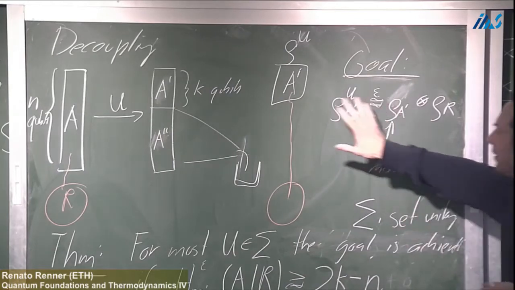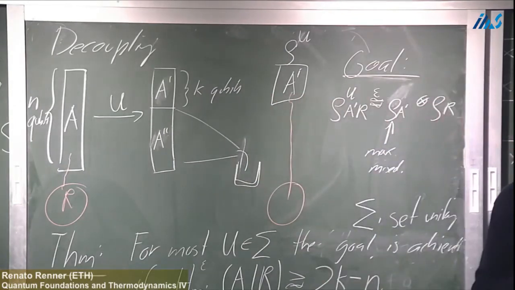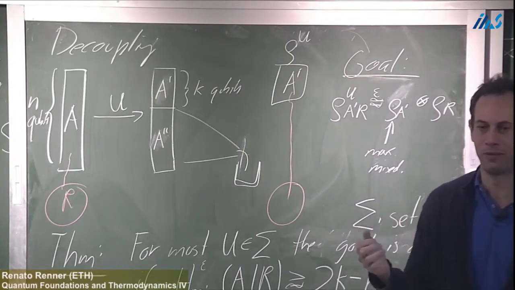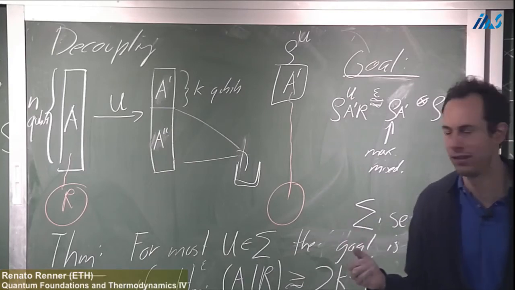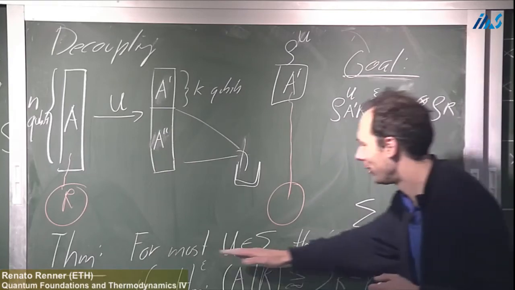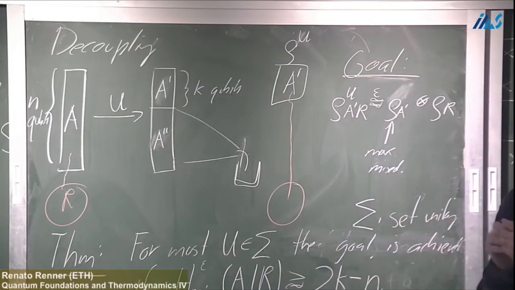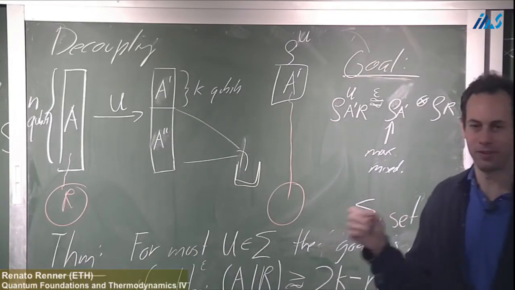For example, if you apply this to thermalization, and you were asking me why does a cup of tea thermalize, then there's one particular U that describes what's going on in this cup of tea. It's probably a time-independent U. So the theorem that I would like to have is one which would say there is this set of unitaries which has only one element, namely the unitary that describes the cup of tea.